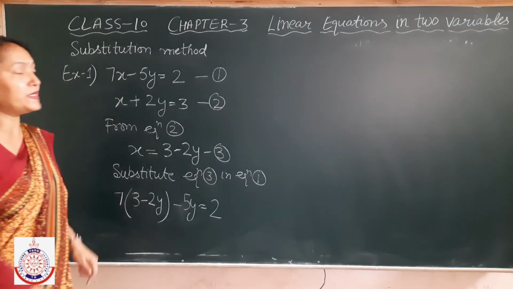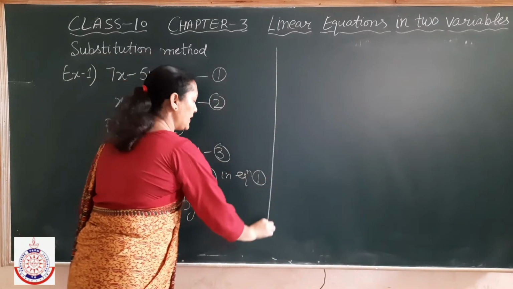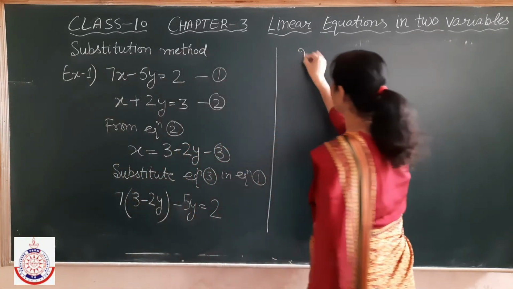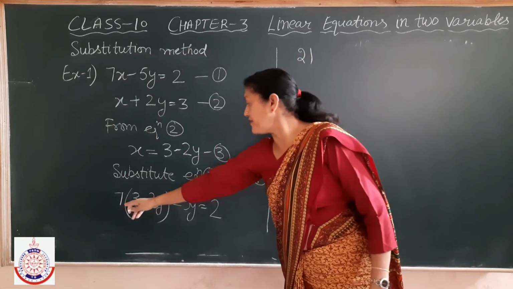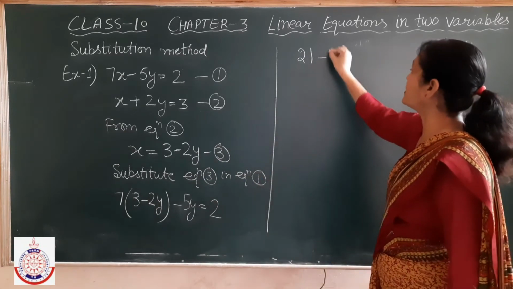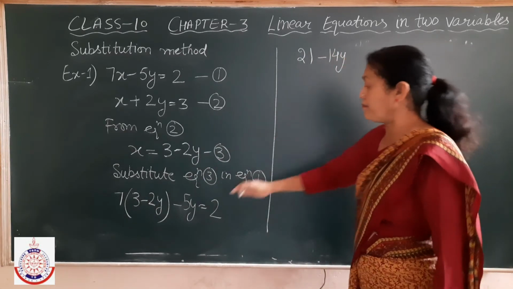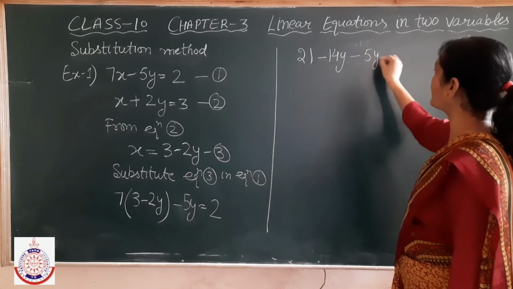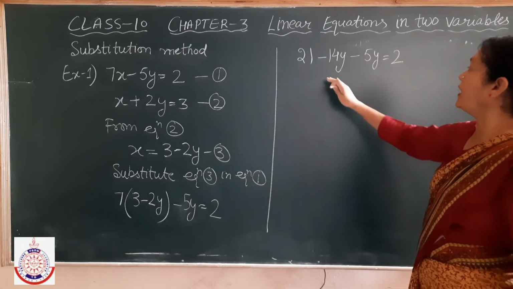Now I open the bracket: 7 threes are 21, 7 twos are 14. So 21 minus 14y minus 5y equals 2.